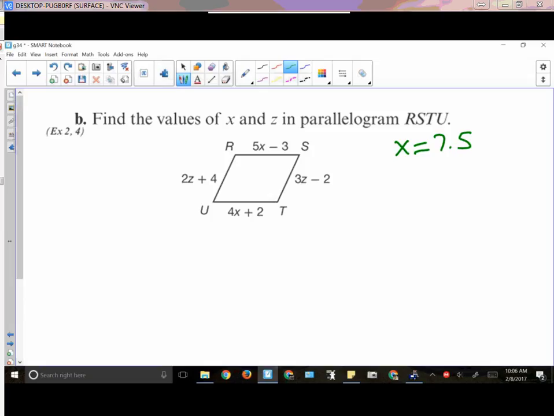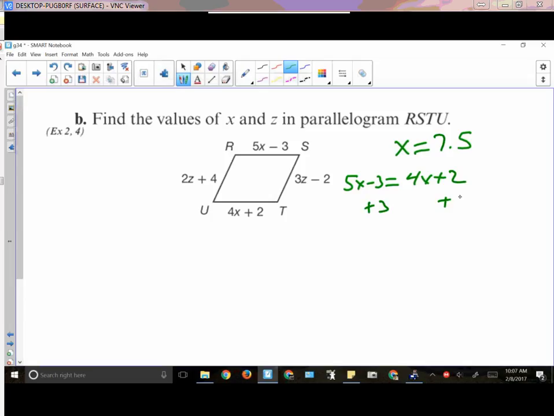Okay, I trust your answer is correct, but I shall verify. So, would that mean then that 5x minus 3 is equal to 4x plus 2? Yes? Okay, good.